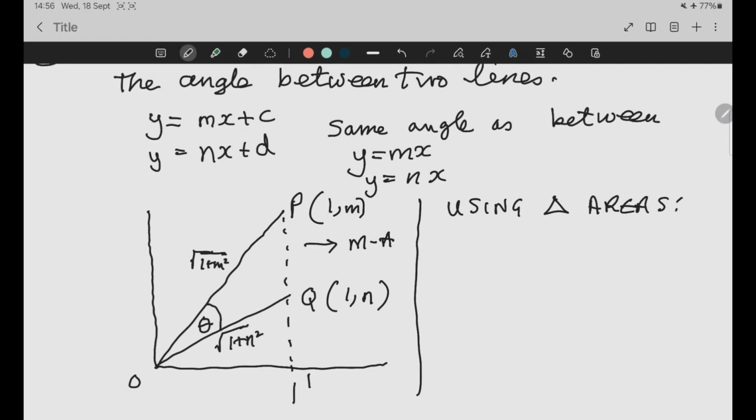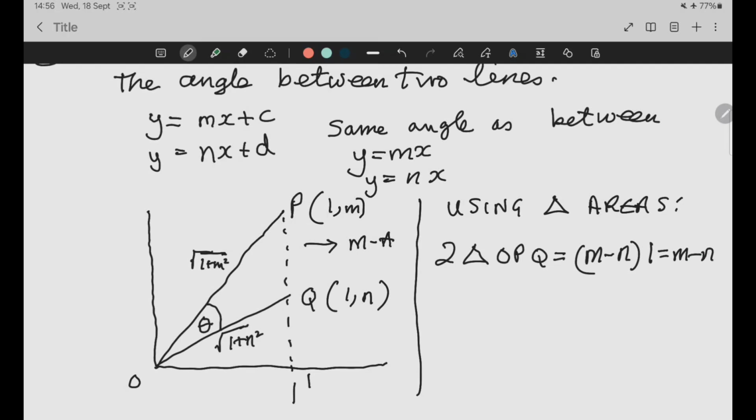Okay, so twice the area of triangle OPQ will be simply m minus n, that's the length PQ, multiplied by the height from that base, which is 1, so that is simply m minus n.